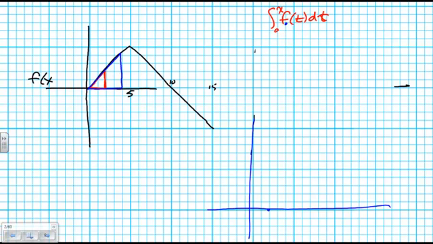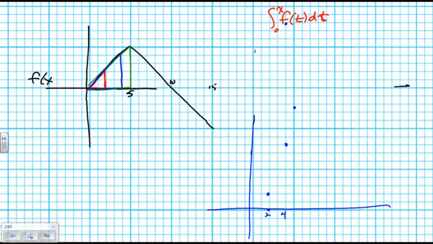Okay, at 2 we had 2, at 4 we had 8. What about when we're at 5? 12 and a half. Okay, and that 12 and a half, because that's the area of this green triangle.